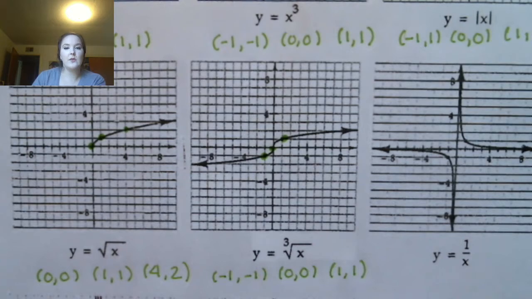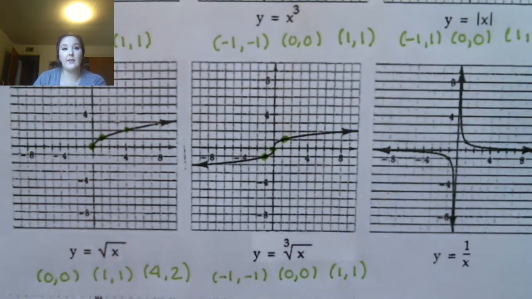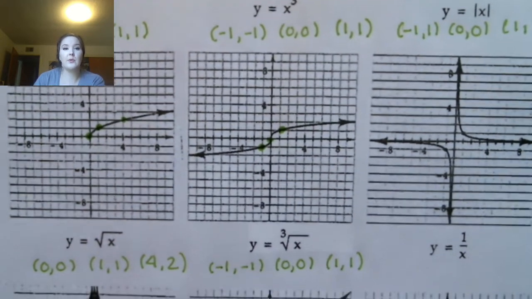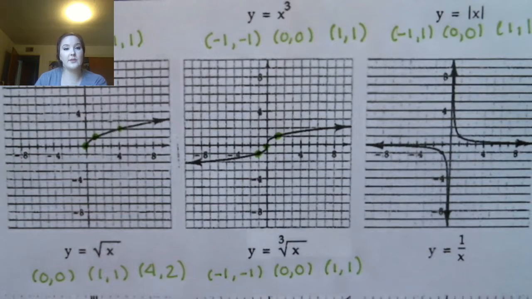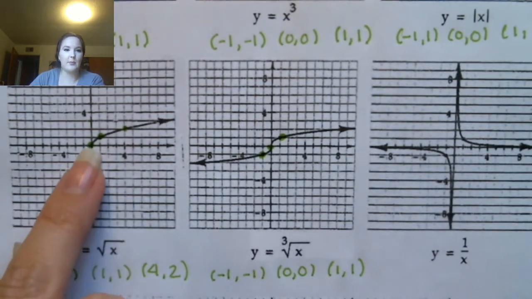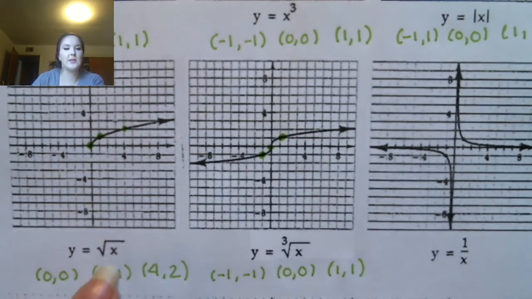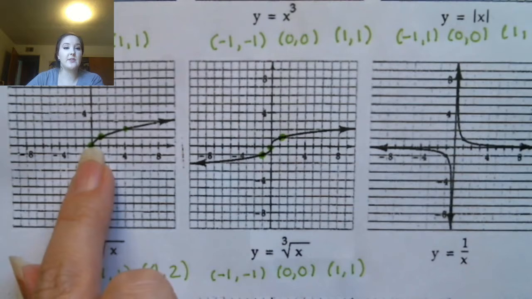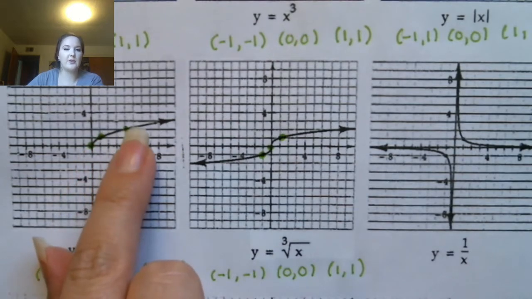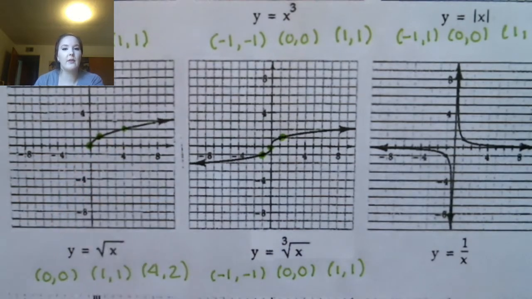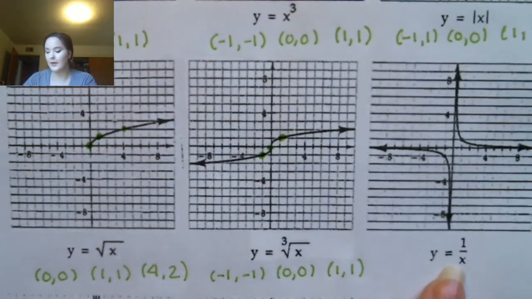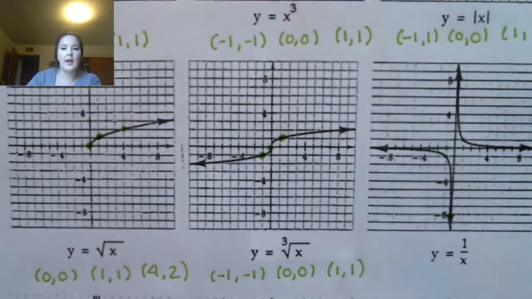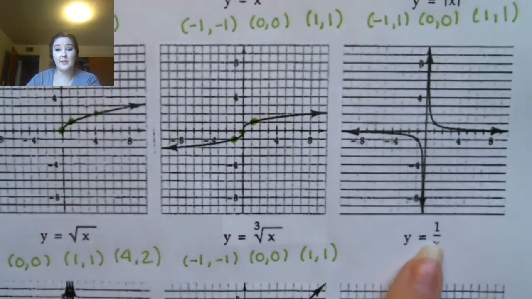You guys can see so far that the key points are normally for the x values of -1, 0, and 1, unless there's a reason that you can't use those. In the square root case, for example, you can't have x equals -1. So we have still 0 and 1, but then we have an extra point that's further out. All right. So for 1 over x, we know we can't have 0.